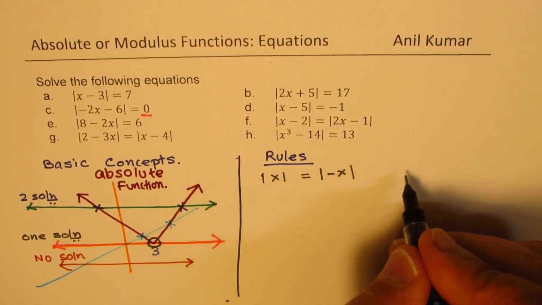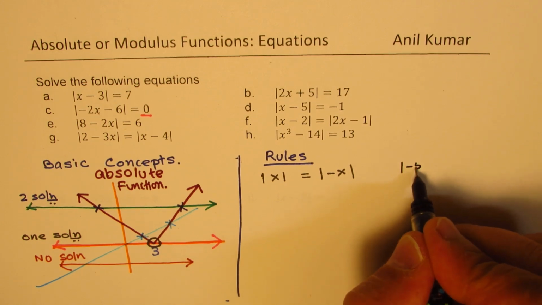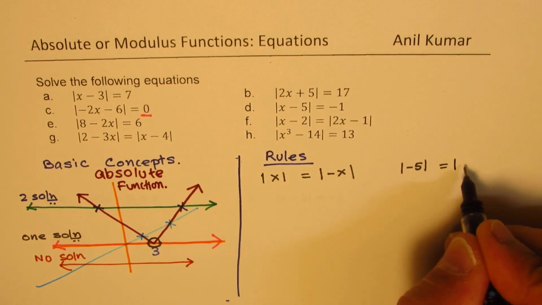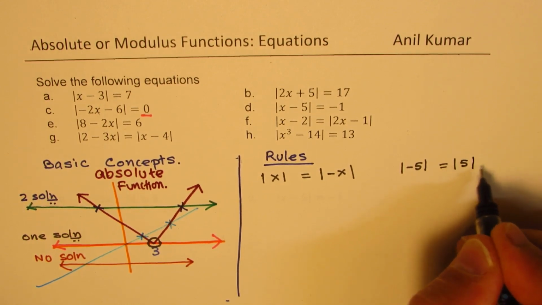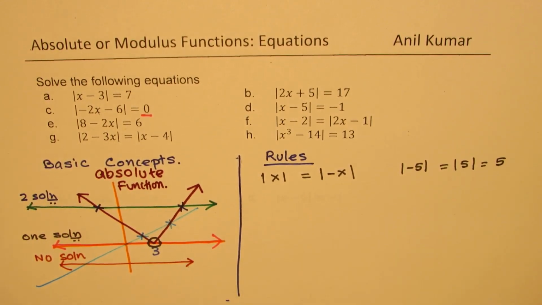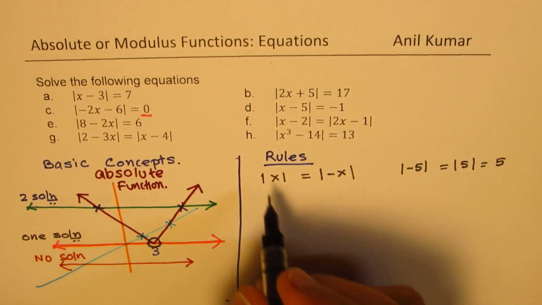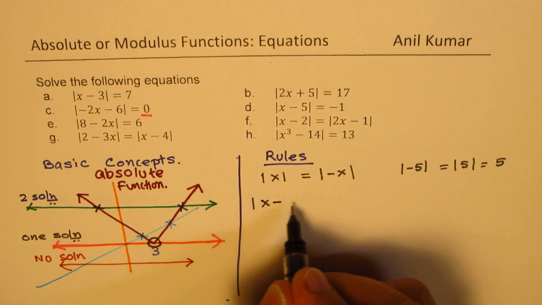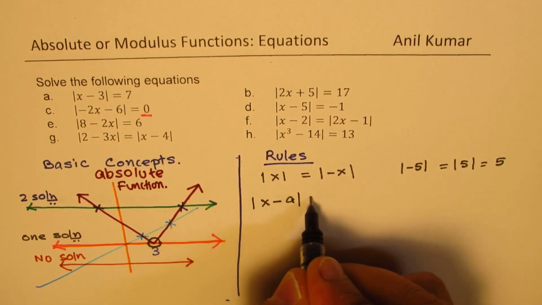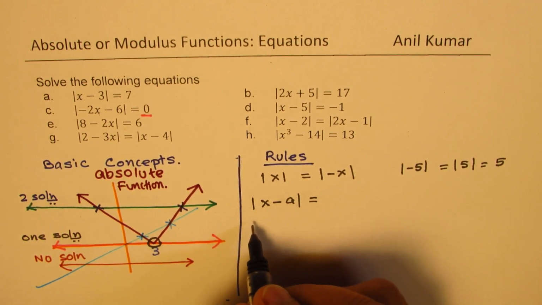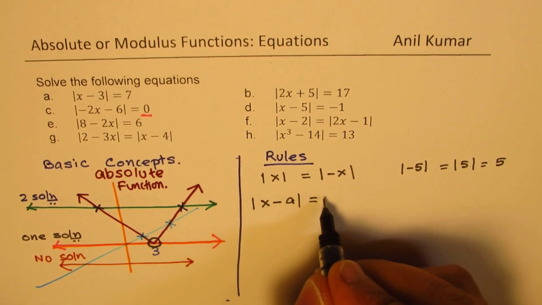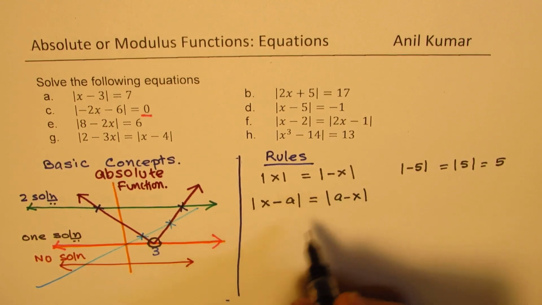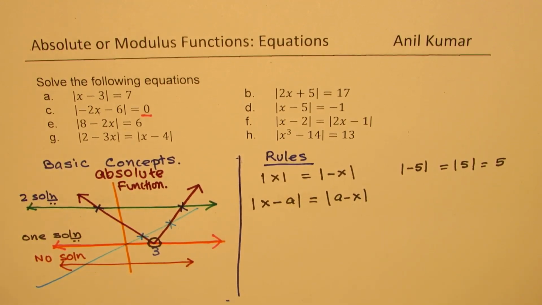To give you an example, if I write minus 5 absolute value, it is same as the absolute value of 5, and both are 5. You get the idea, right? Okay. If I have absolute value of x minus a, in that case I could also write this as absolute value of a minus x. Well, these are same things. You get the idea, right?